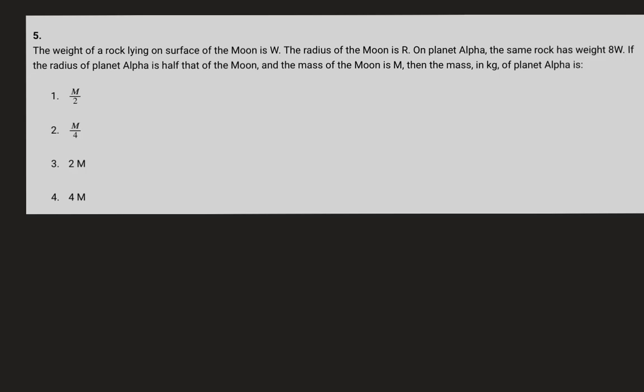Alright, number 5. It says here the weight of a rock lying on the surface of the moon is W. So weight on moon equals just W. The radius of the moon is equal to r. So I can consider that a 1 value and a 1 value. There's nothing changing.